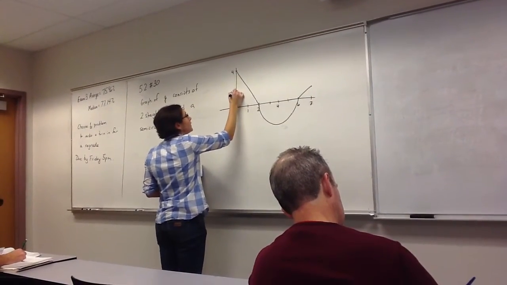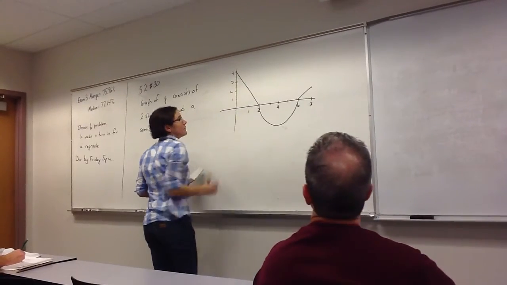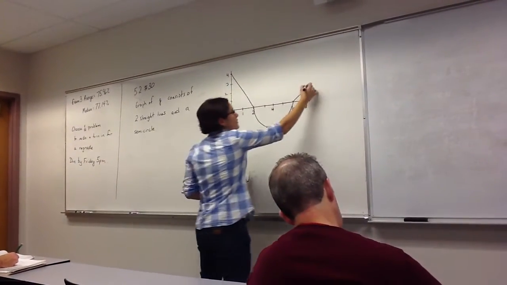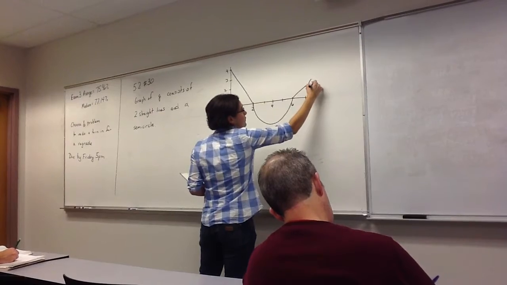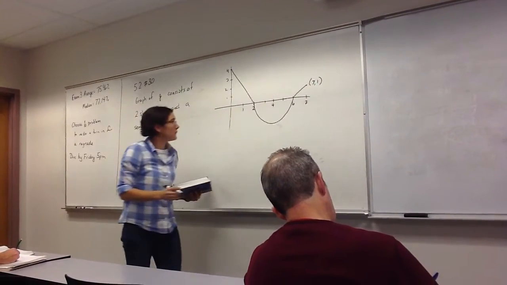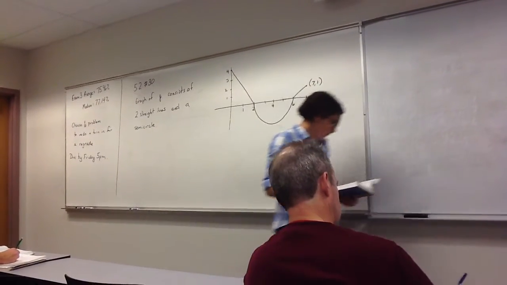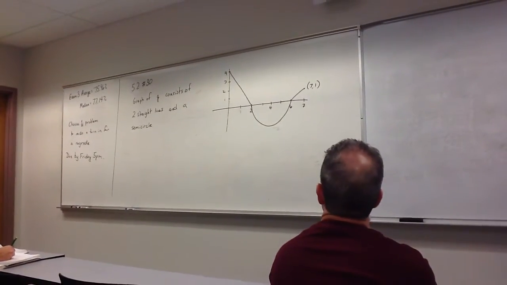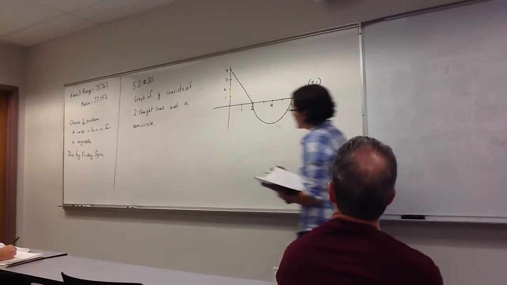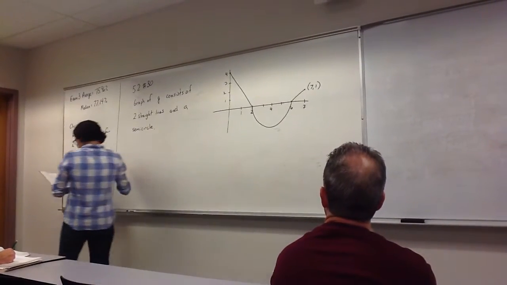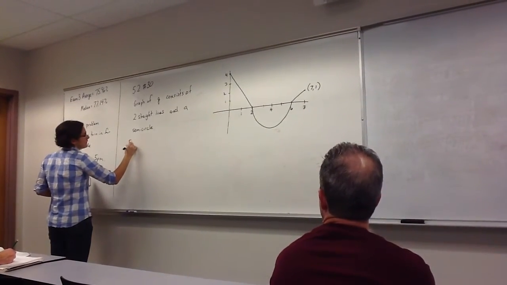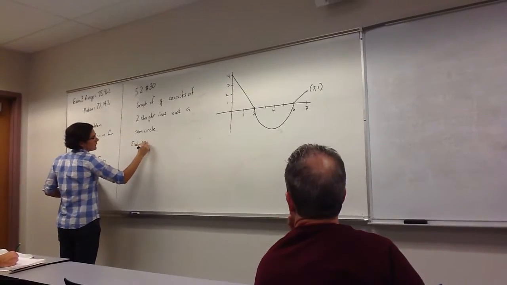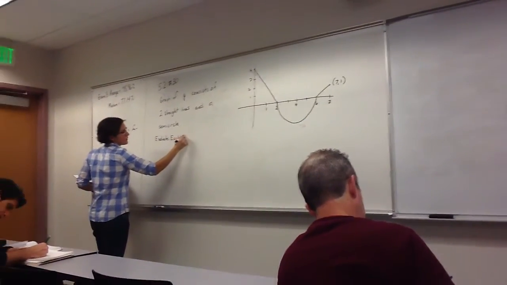The ending point over here is the point (7, 1). So we are given this graph, and we are told that it is made up of two straight lines and a semicircle, and we are asked to evaluate each integral.